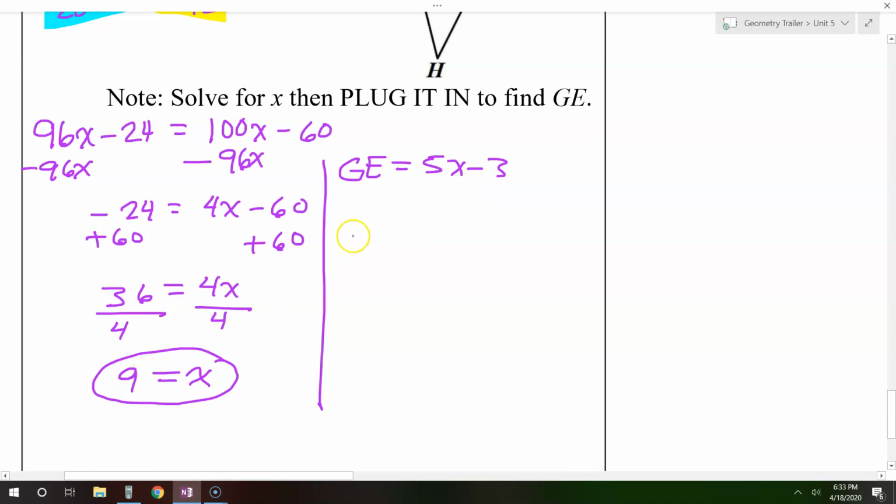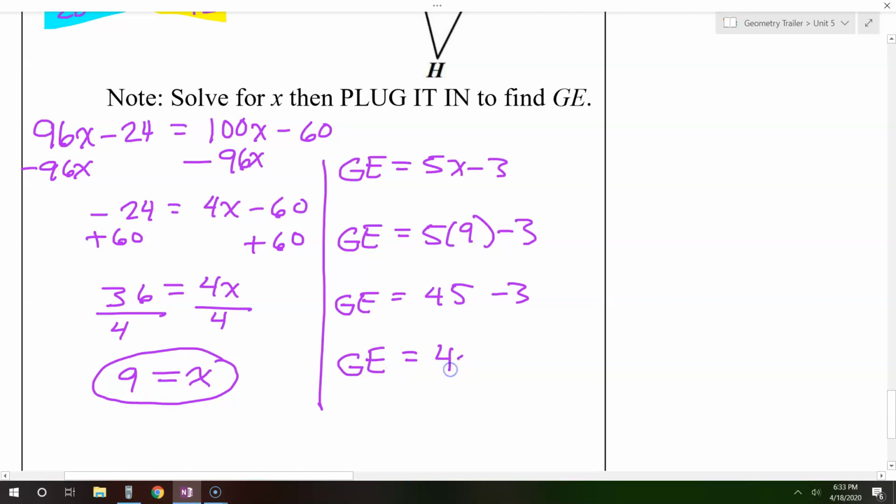We know that x is 9 now, so that means GE is going to be 5 times 9 minus 3. So that means GE is 45 minus 3. So therefore, GE is 42. And that is the final answer.